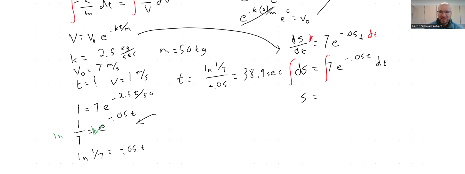The integral of e to the x is just e to the x, but I have to reverse my chain rule. It's kind of like doing my u substitution. U would be negative 0.05t, du is negative 0.05 dt, and I have to divide by that.